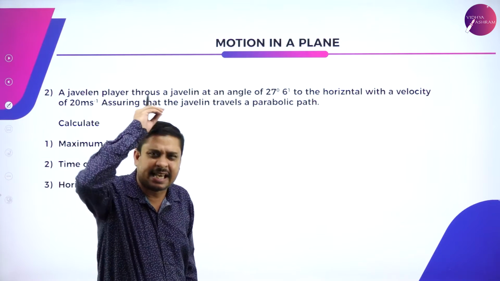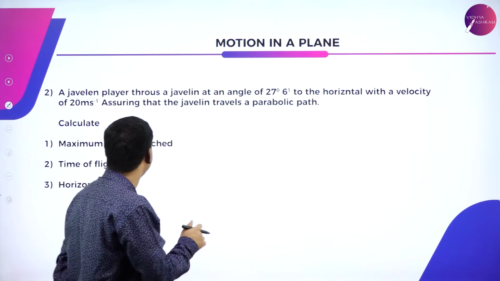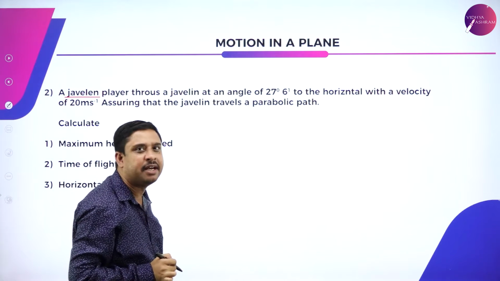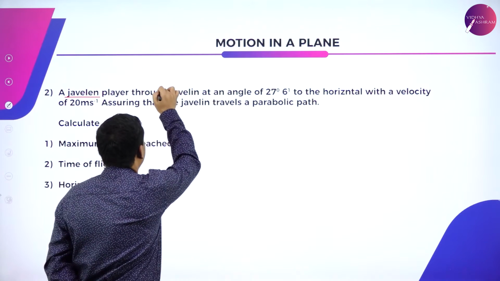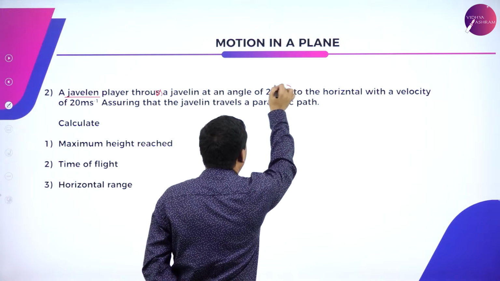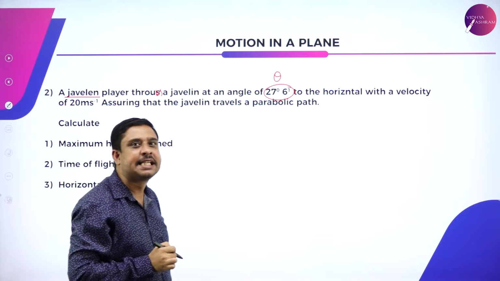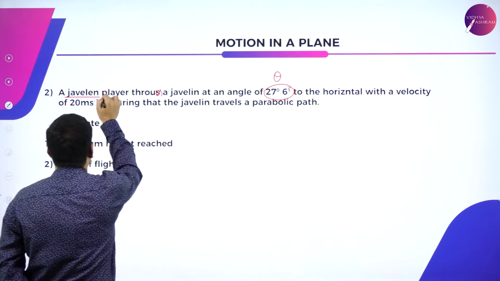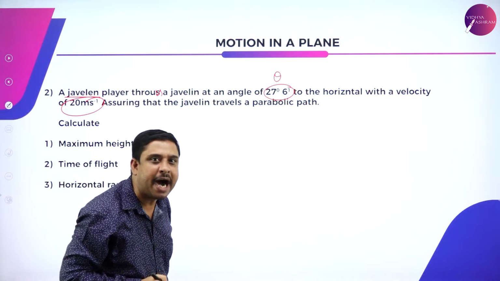Next one, the same problem where I have changed the values. Now, a javelin player throws a javelin at an angle of 27 degrees 6 minutes to the horizontal with a velocity of 20 meter per second.